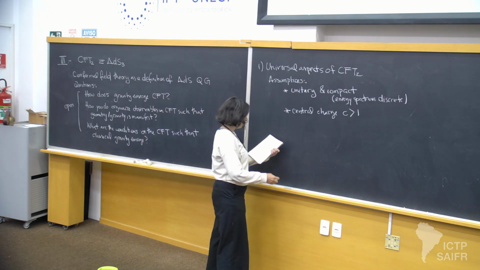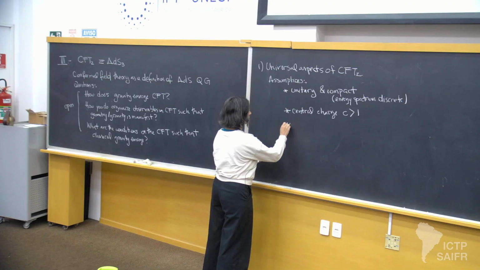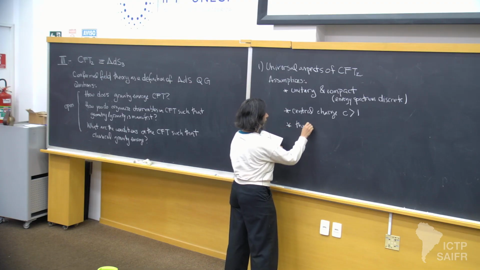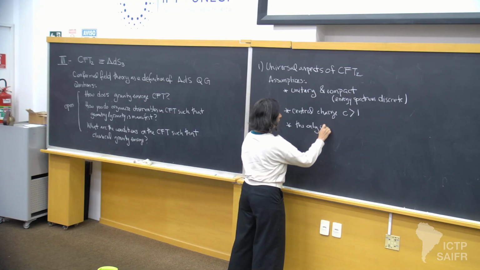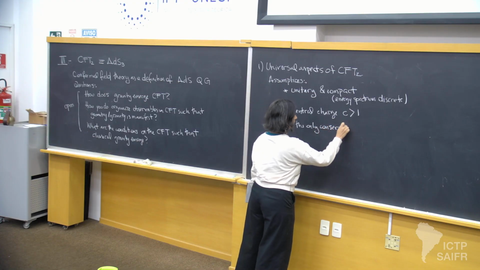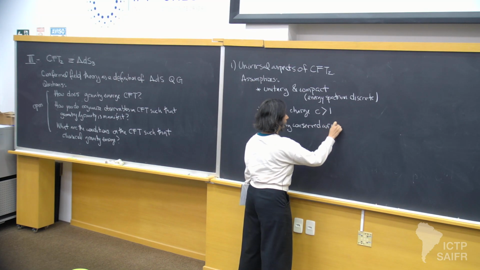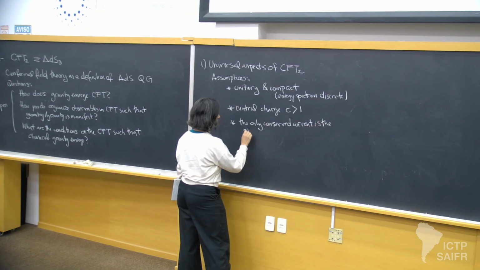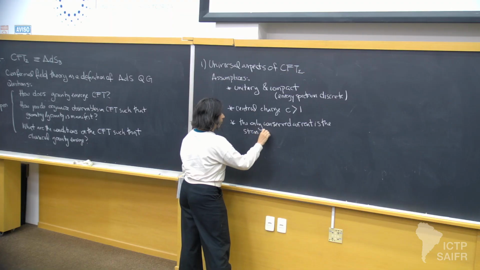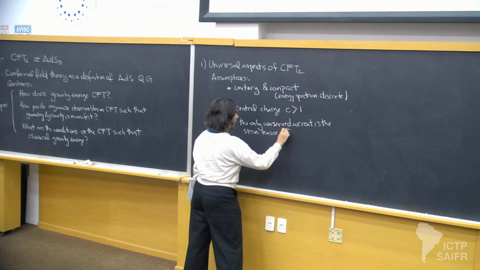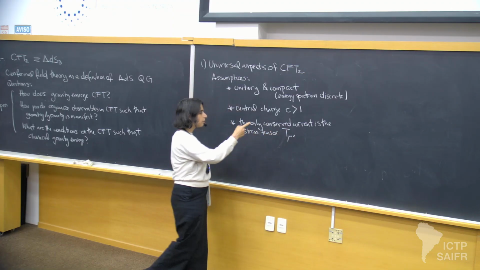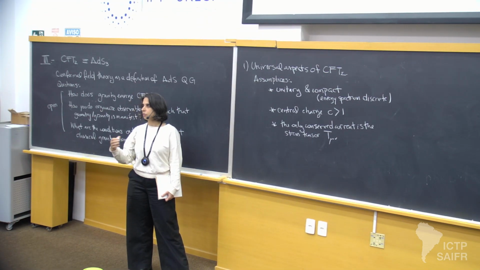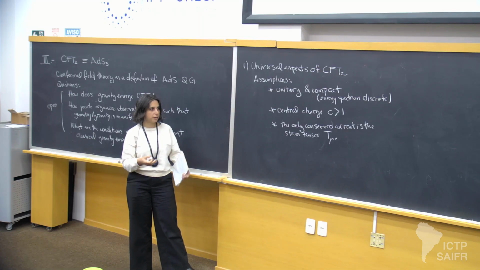And lastly, I'm also going to assume that the only current is the stress tensor. Again, you can weaken this. You can generalize this for things that are supersymmetric. You can also have R symmetries and things like that.